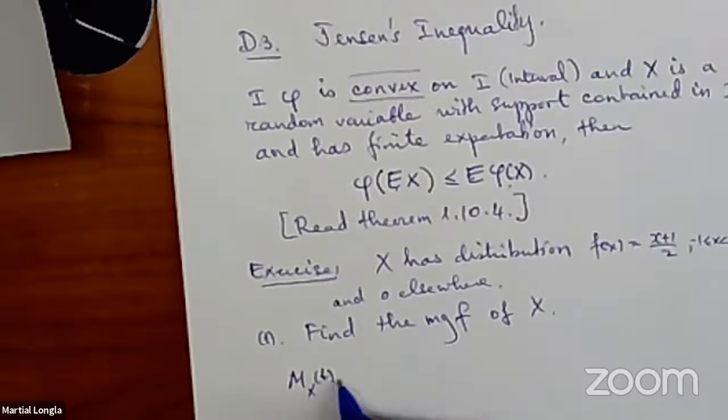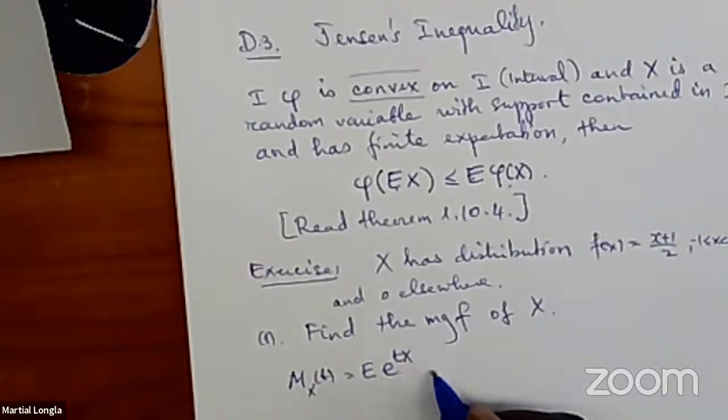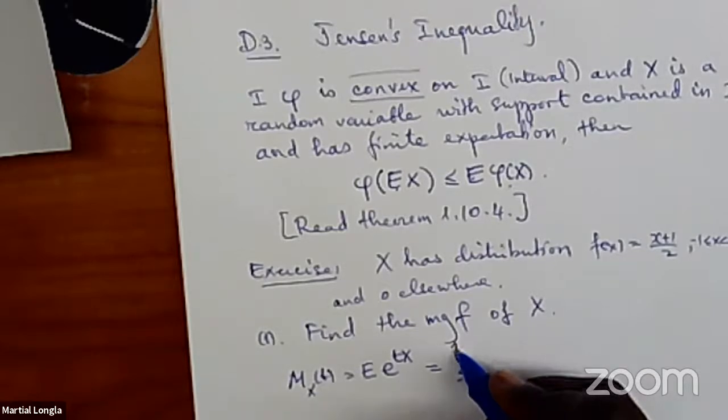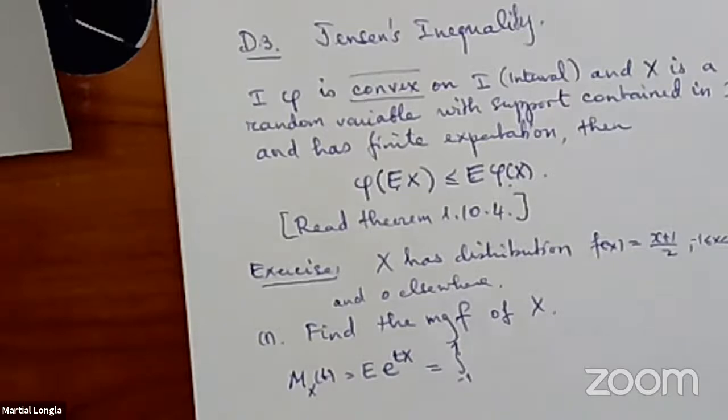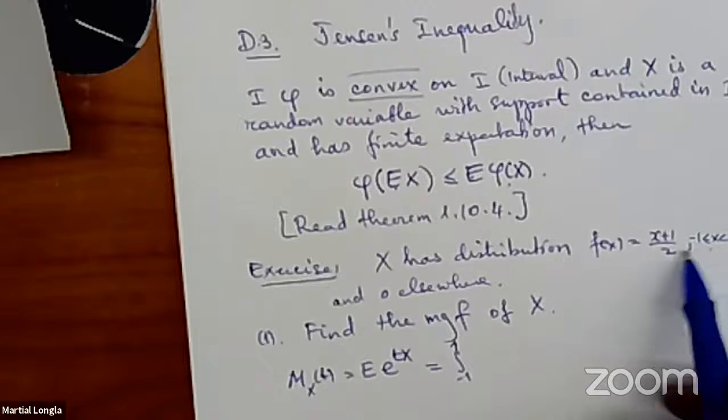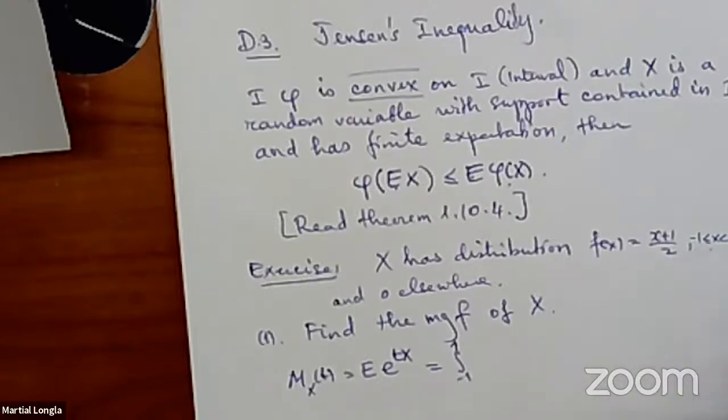M_X of t is expected value of e to the t times X, which is, in this case, integral from minus infinity to infinity, but we know that the density is not 0 only between minus 1 and 1. So everywhere else it is 0.